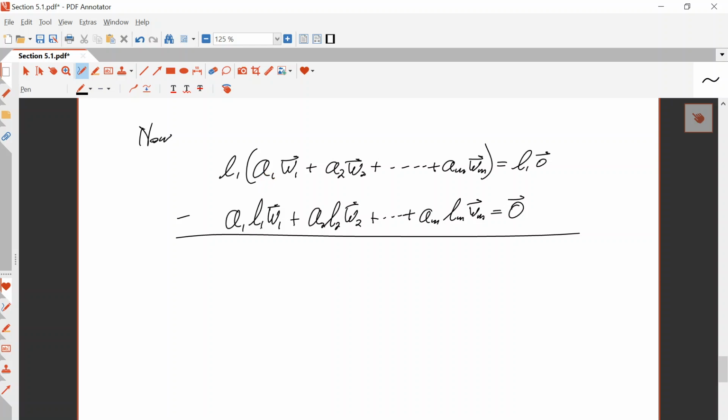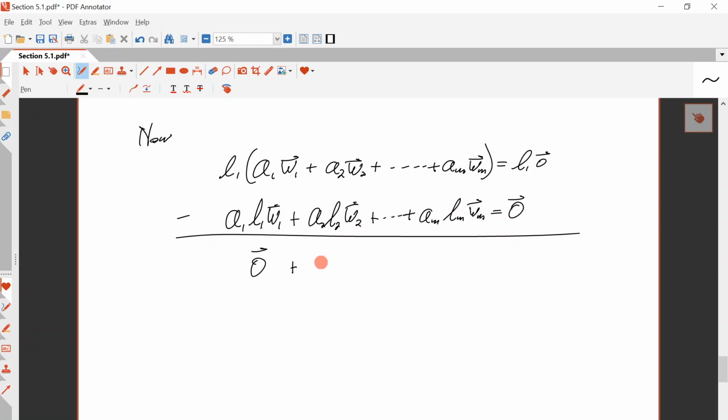So I have A1 L1 minus A1 L1 W1 plus A2 L1 minus A2 L2, so this first one is 0, okay?